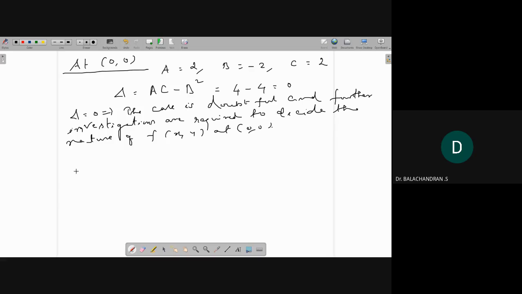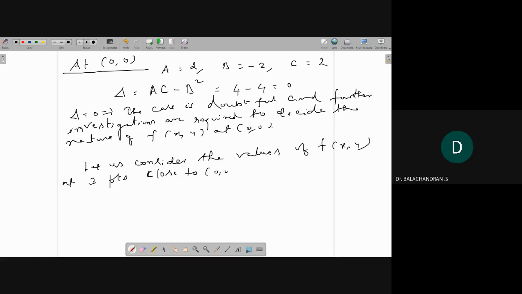So let us consider the values of f(x, y) at three points close to (0, 0).